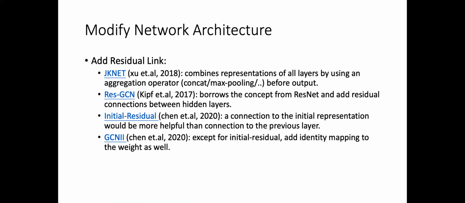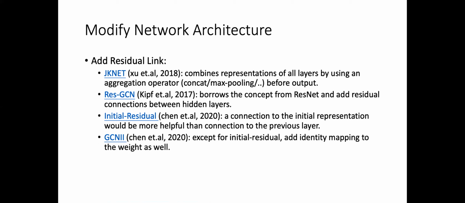And the second way to add the residual link is ResGCN, which borrows the concept from ResNet, and it adds residual connections between the hidden layers. And the next way to add the residual link, instead of adding residual connections between the hidden layers, is to add a connection from the initial representation to the current layer.